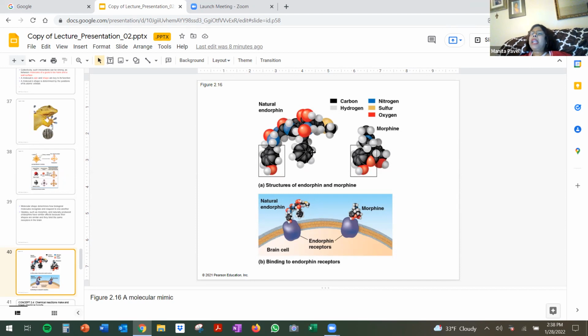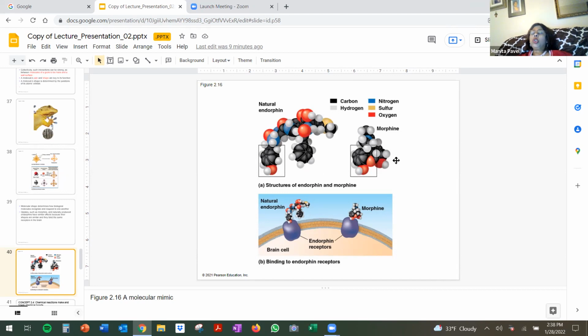So we're comparing this natural endorphin with morphine. Now, we must know that when the atom is black, it refers to carbon, hydrogen is gray, nitrogen is blue, sulfur is yellow, and oxygen is red.